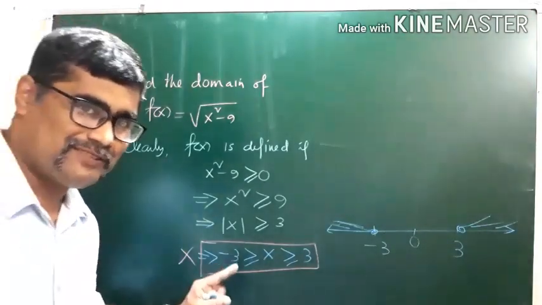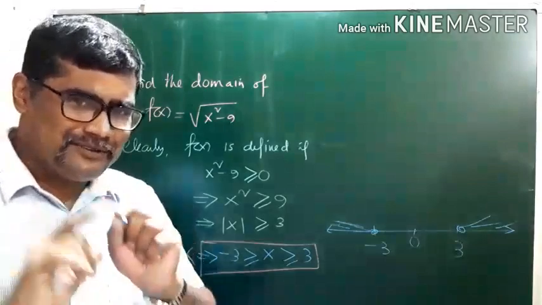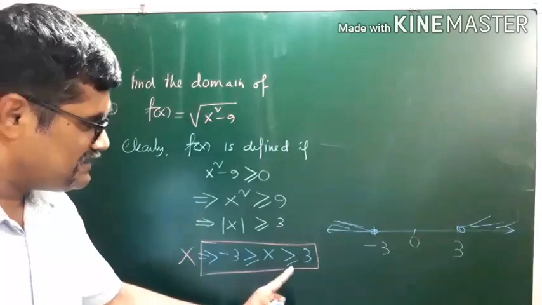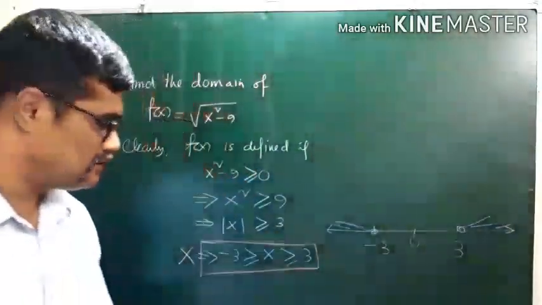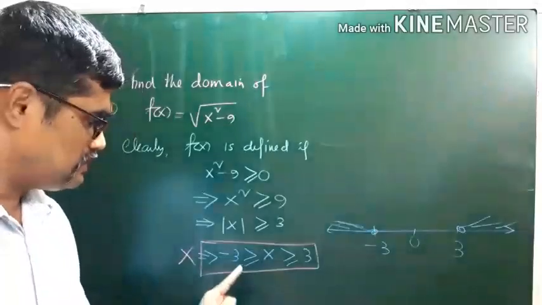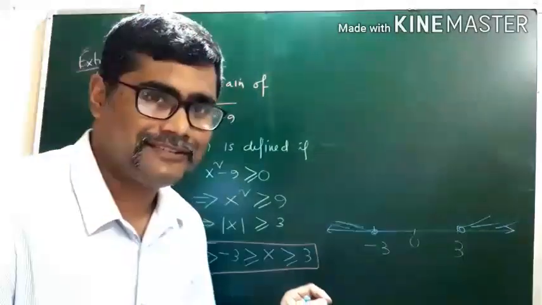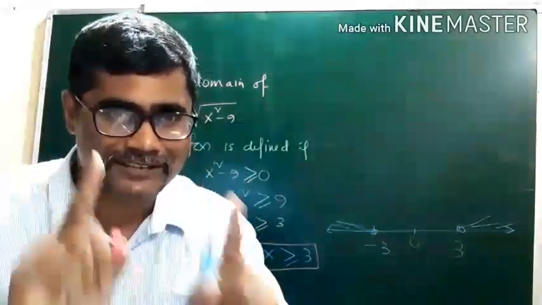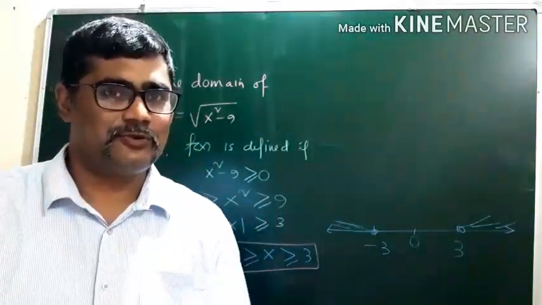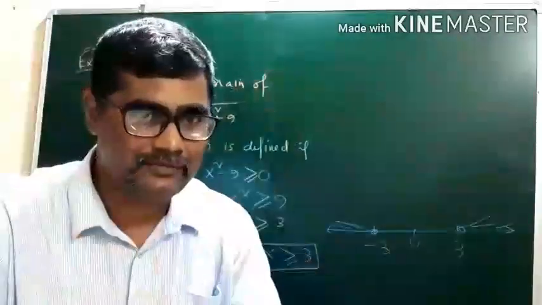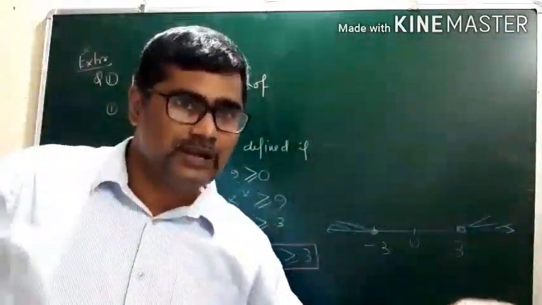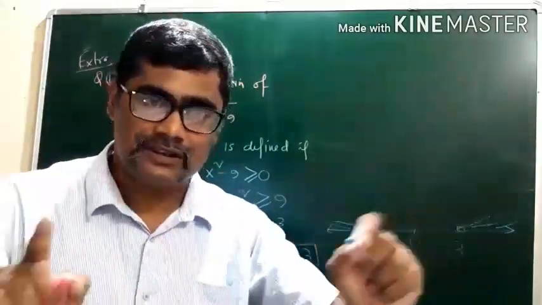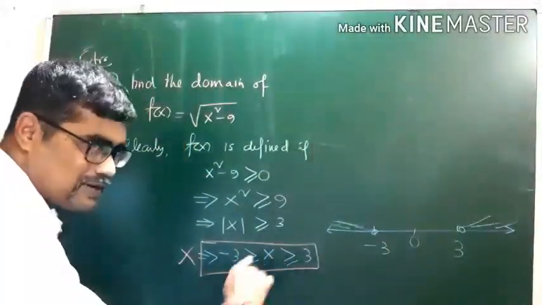Many students might try to write x is greater than 3 and at the same time x is less than minus 3. Because you are writing them together, it should hold at the same time. Now, do you have any number which is at a time greater than 3 and less than minus 3? Not possible, because they are entirely different regions. So you cannot write like this.